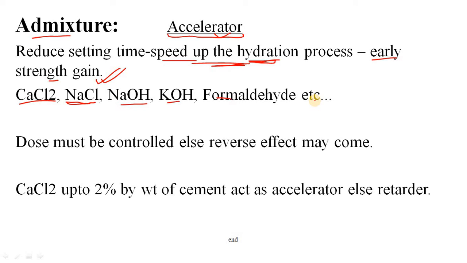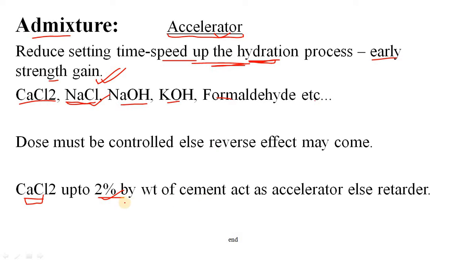But one thing you need to remember here: these chemicals are very sensitive for concrete. Why? Because if you use calcium chloride up to 2% by weight of cement, suppose in your concrete the cement is 100 kg, then if you use up to 2 kg of calcium chloride, the accelerating property will be shown by the calcium chloride.